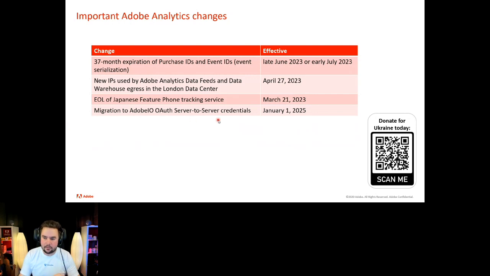The server-to-server connection is now a little bit easier on the admins, because you're basically creating a pair of keys that you can use for connecting to the API, and then you can just update that and delete it if you ever need to. But yeah, it's very much a quality of life improvement if you need to work with the API, because it's going to make your life much easier.